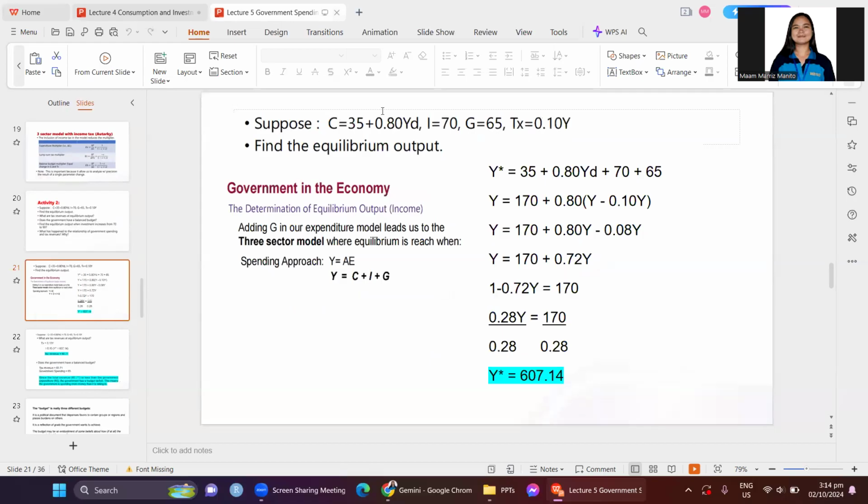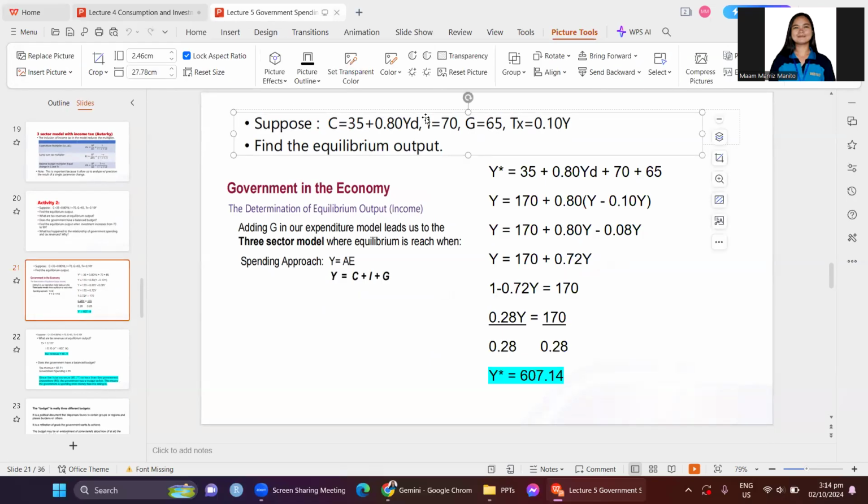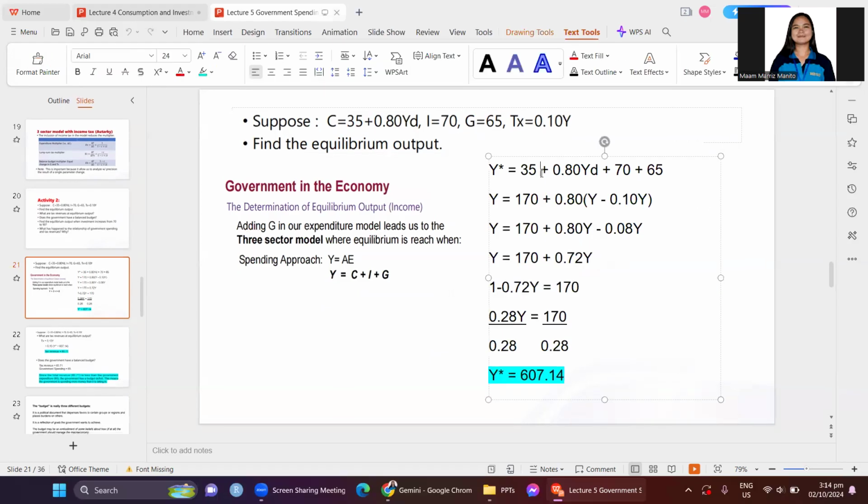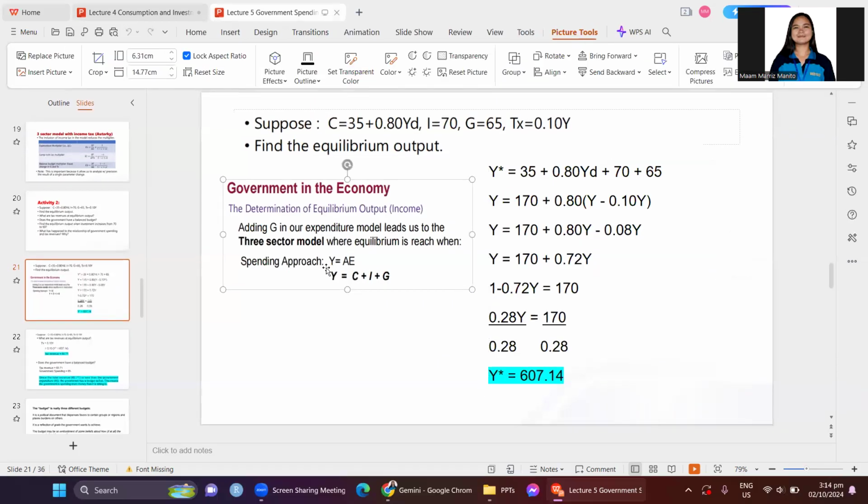We have the given: suppose that C is equal to 35 plus 0.80 YD, investment is equal to 70, government spending is 65, and tax receipts are equal to 0.10 Y. We'll use the formula Y equals AE, and now that we have government spending, we will be adding G to it.